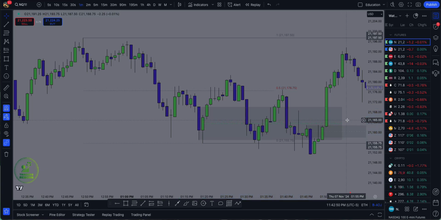However, depending on the setup and how I adjust it to fit what I'm doing, I'll use the whole leg. Like if I'm taking a London manipulation where we're looking for a manipulation, I might use the whole order block as opposed to just this. If I'm intraday, I'll probably just use this, right? But just depending on what you guys want to do. If you're just starting with it, maybe just mark the whole series of candles.